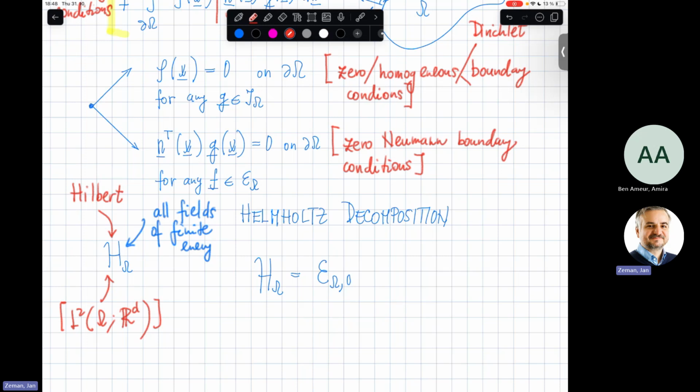So this represents these homogeneous boundary conditions. These fields are orthogonal, in the sense which I have introduced, to all divergence-free fields, no matter what is the value of boundary conditions. And this circle and plus is something which is called orthogonal sum.